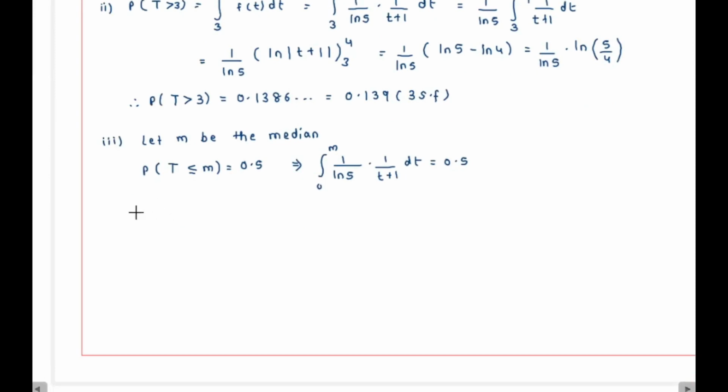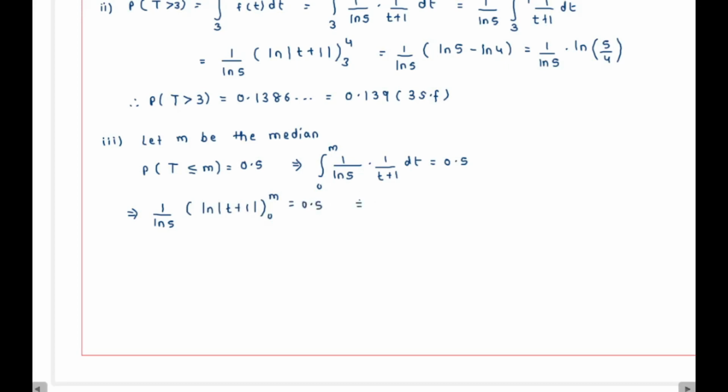So again, 1 by ln 5 I can take outside. Integration of 1 upon T plus 1 with respect to T will give me ln of mod of T plus 1, correct? From 0 to M, and this is equal to 0.5.